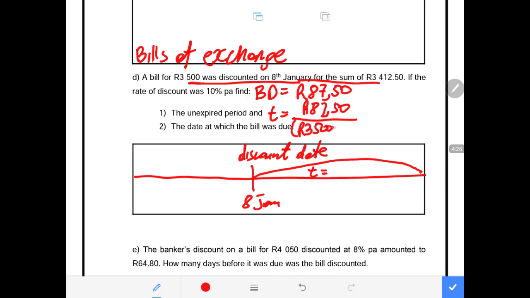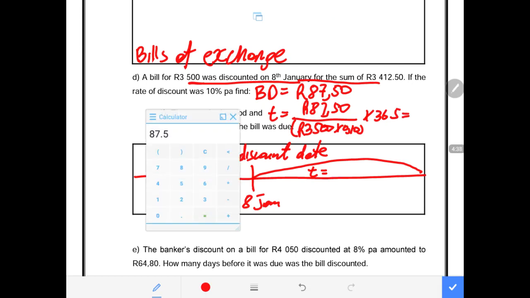Don't forget to open brackets, times by 0.10, then everything multiplied by 365 days. This will give us the number of days between the discount date and the due date of the bill. 87.50 divided by open brackets 3,500 multiplied by 0.10 close brackets, equals, times by 365.